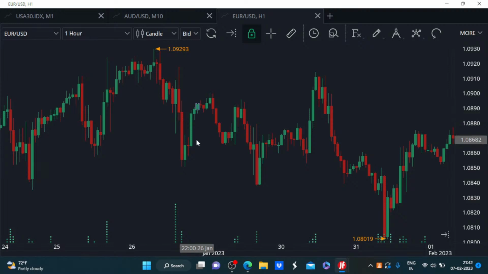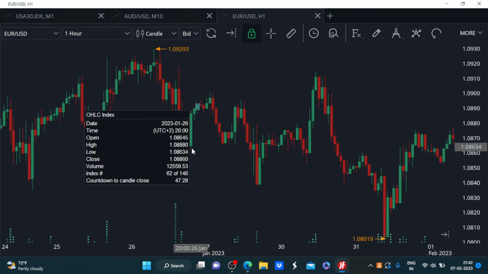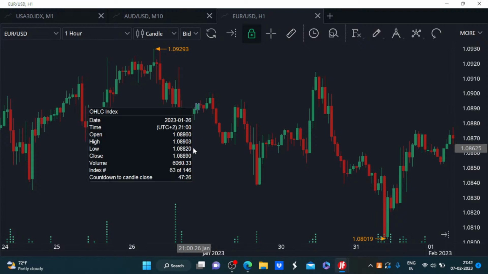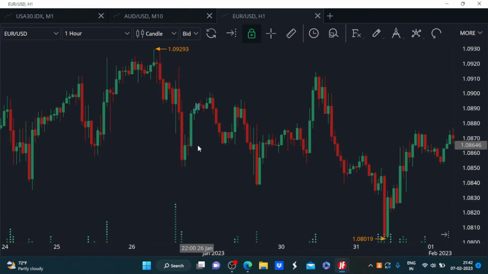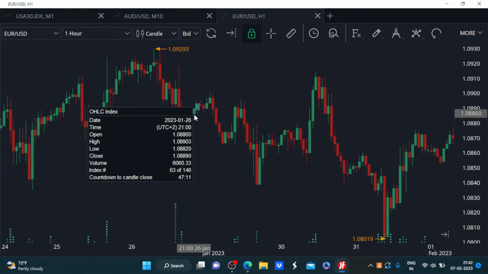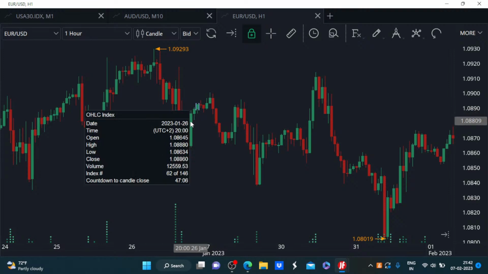So in the first candle, we need the body of this candle to be green, and it should have closed significantly higher compared to the opening price. Then in the second candle, we need the opening price to be contained within the real body of the first candle, and then the difference between the opening and the closing price should be less than the difference of the opening and the closing price of the first candle.